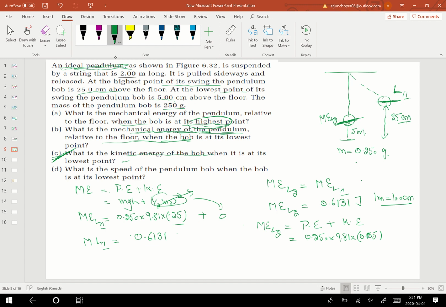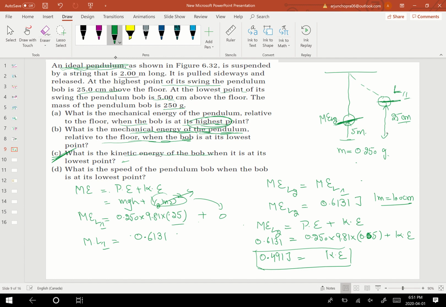So this becomes 0.05 meters, plus kinetic energy, which I want to find out, equals 0.6131. If I do these calculations, I get the kinetic energy as 0.491 joules. So we solved for part C.